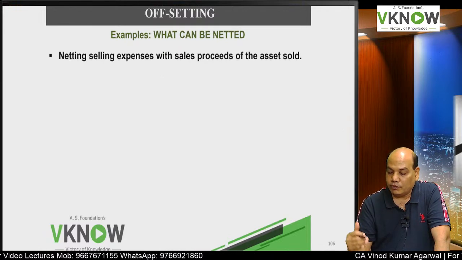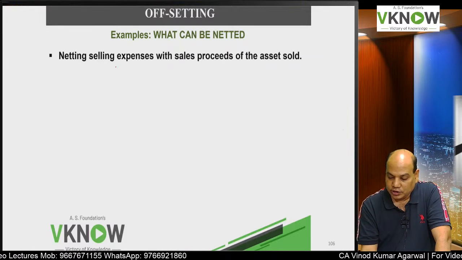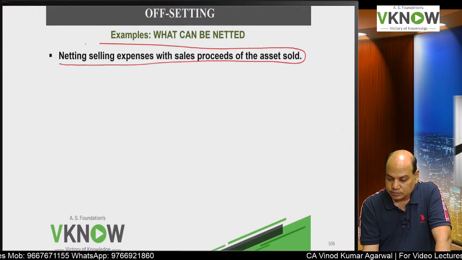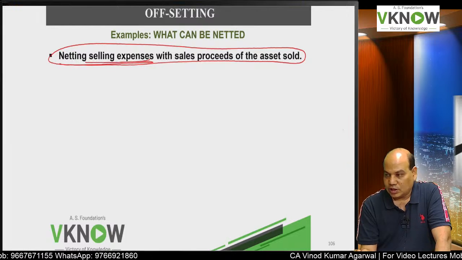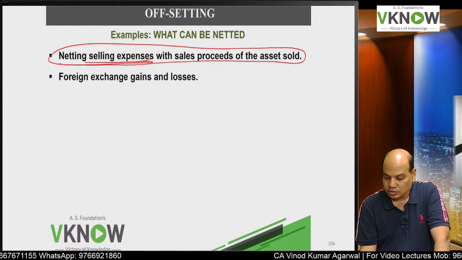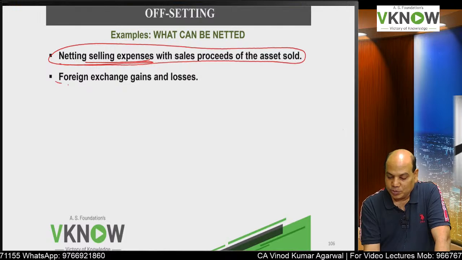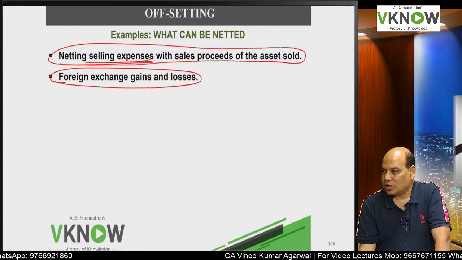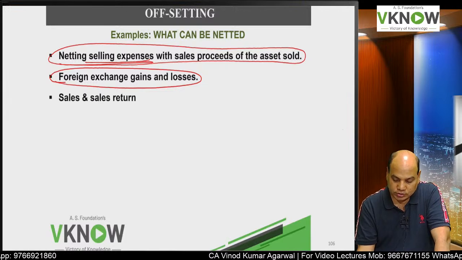Some examples of what can be netted off. For example, if you are selling a PPE item and you incur some sale expenses, commission, brokerage, net off. Then in the P&L account, I can net off the foreign exchange gain against foreign exchange loss.